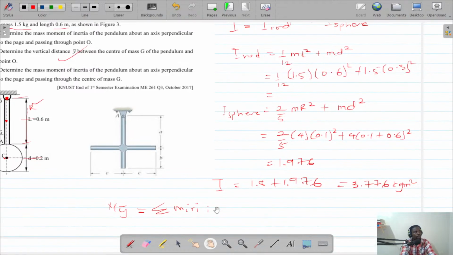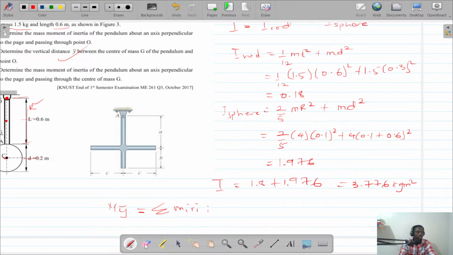The mass is 1.5, the length is 0.6 squared plus 1.5 again, the d 0.3 squared. So 1 on 12 multiplying 1.5 times 0.6 squared plus 1.5 times 0.3 squared. Oh, so 0.18.